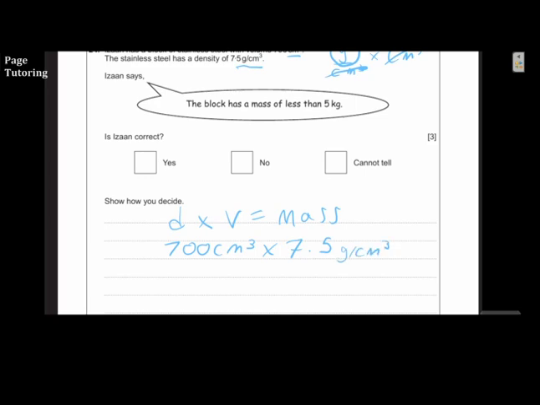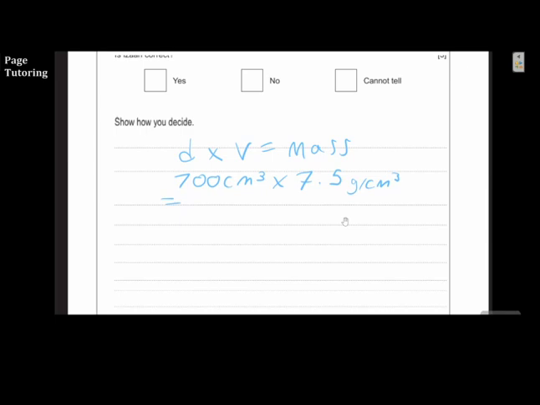What do we get? Off the top of my head, I couldn't do 700 times 7.5, but I could do just 7 times 7. So if we first do 7 times 7, we know that that is 49.